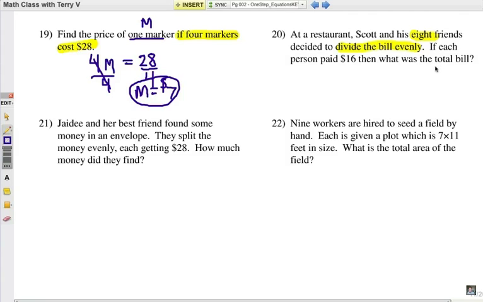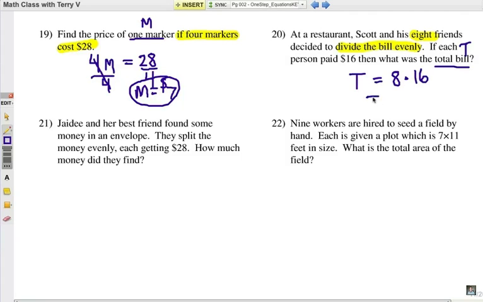Focusing on the question at the end, the total bill, well, let's just say T. Okay, so you have a total amount of money T, and that is going to equal 8 friends, and they each spent $16. All right, notice here it's a multiplication problem.